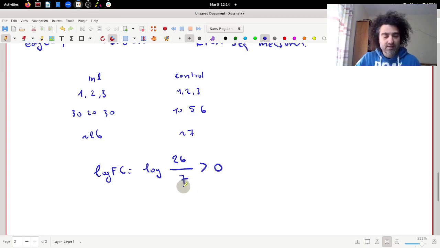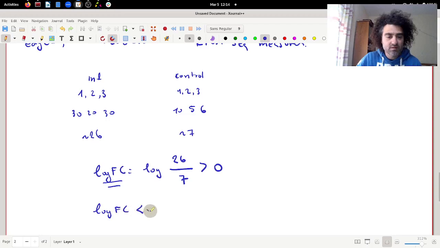Okay, and the log of FC is useful because if it is negative, it means that in this class we have under-expression compared to this class, and if it is positive, it means that in this class we have overexpression compared to this class, as we have here.